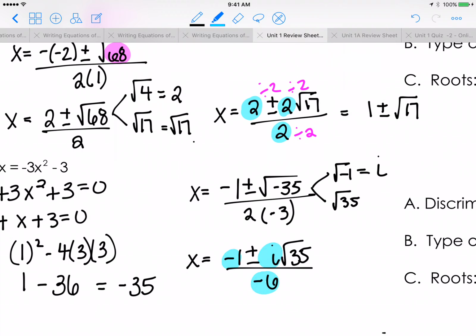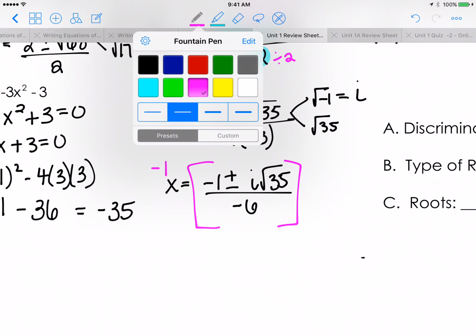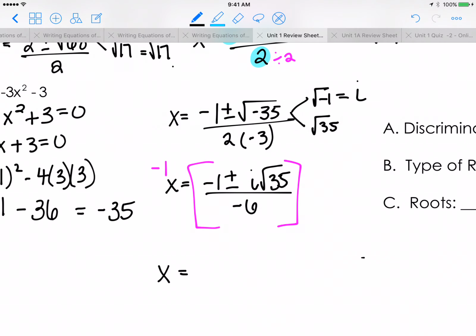So we cannot simplify in terms of any of these. We'd divide by one number, but we're good mathematicians, so we do not want to have a negative in the denominator. So we're going to multiply everything by a negative 1. That just changes all the signs. So we get x is equal to a positive 1 plus or minus.